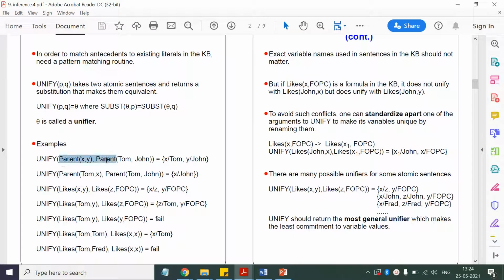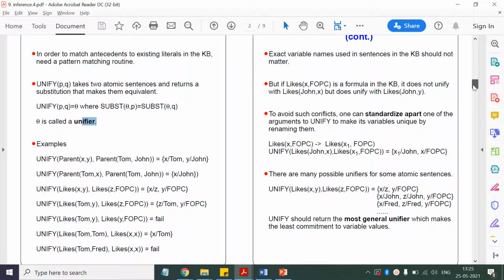These sentences will come from the knowledge base, so they are existing literals in the knowledge base, and the unify function will compare the variables. So x has to be replaced with Tom, so we have this substitution x/Tom, and y should be replaced with John. So the unify function returns the substitution list, and this theta is known as the unifier.